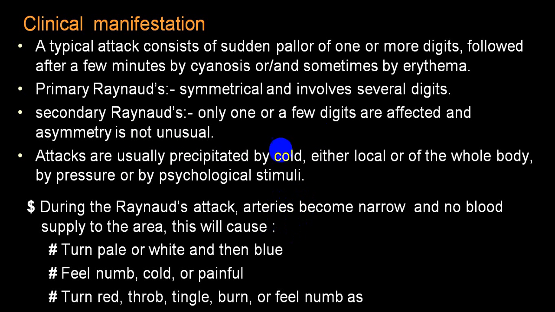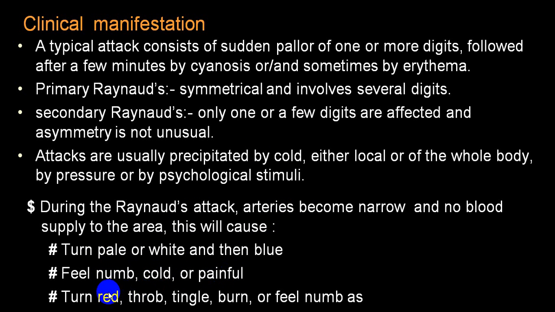We have already told you that during the attack, pallor is followed by cyanosis, then you will have a tingling numbness, the tips will be cold, and there will be pain.